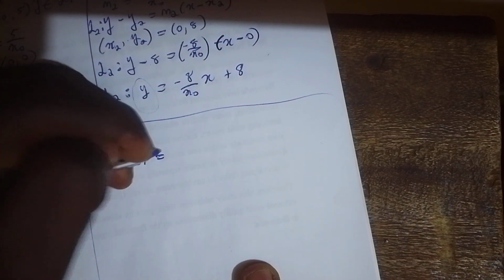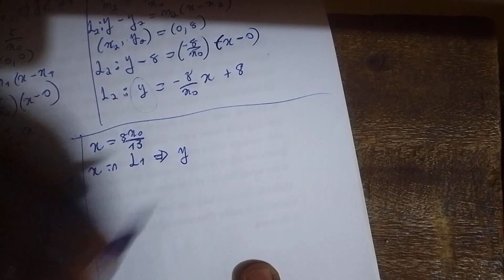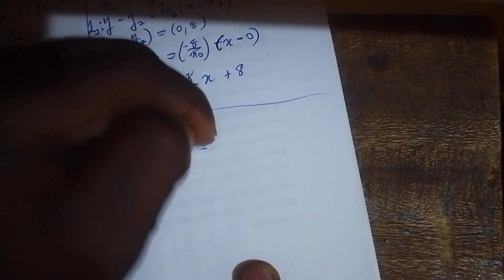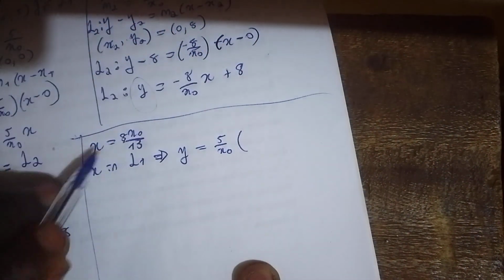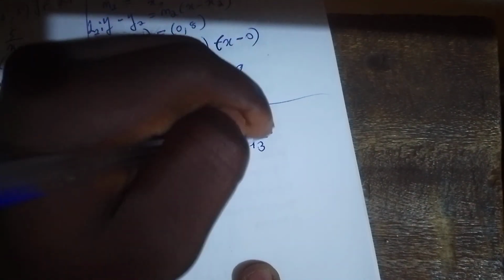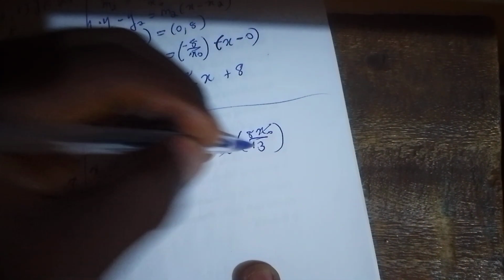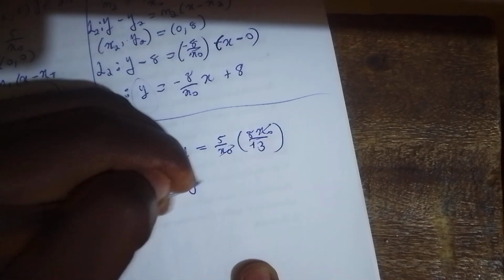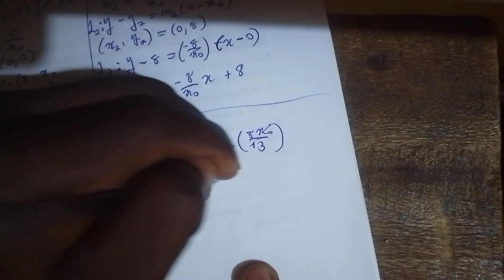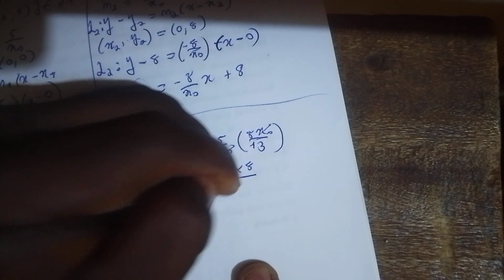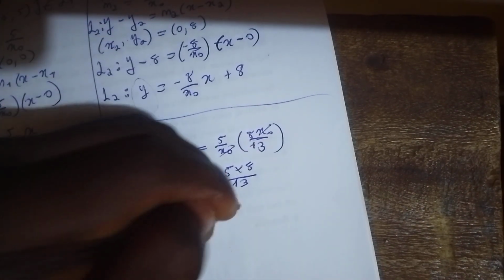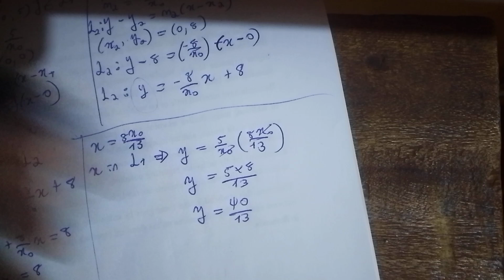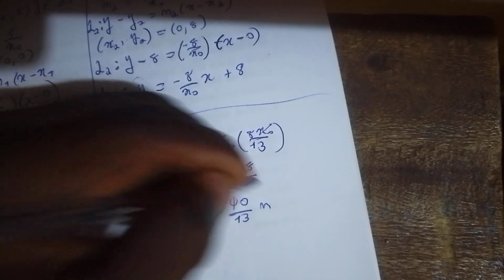L1 implies we have y equals 5 on x naught into x, which is 8x naught on 13. So the x naughts fall off and we are left with y equals 5 times 8 on 13. That results to y equals 40 all over 13. They were in meters, coordinate meters.